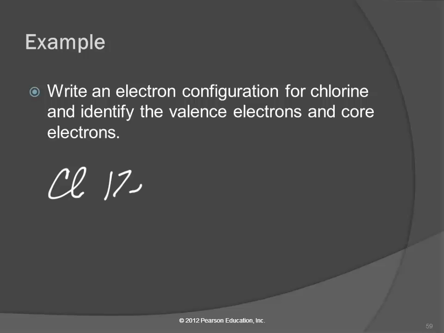First is the 1s orbital, and that can hold 2 electrons. The next orbital in energy is 2s, and that can hold 2 electrons. The next is 2p. There are 3 2p orbitals. They each hold 2 electrons, and so there can be a total of 6 electrons there.